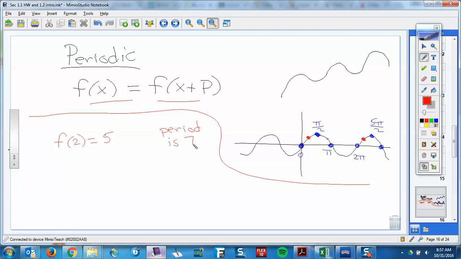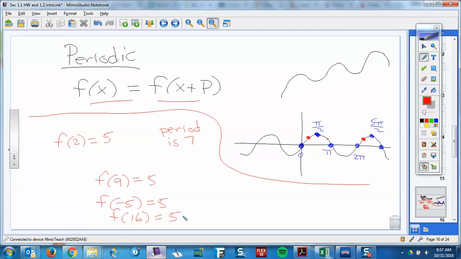What other values of that graph could you tell me? F of 9 would be 5. What's another one? Yes. What else? And we can just go all day, right?